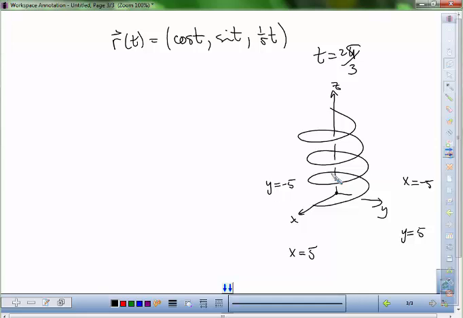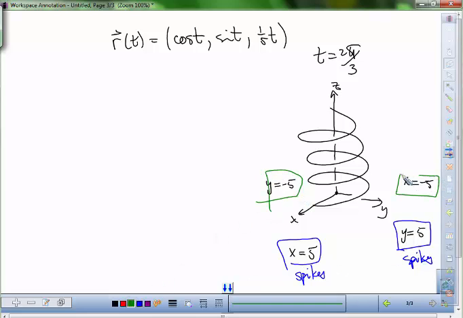And let's say 2 of these walls have spikes on them. And let's say that these 2 walls have Velcro on them.